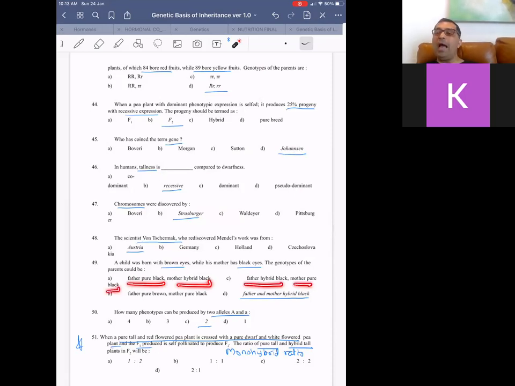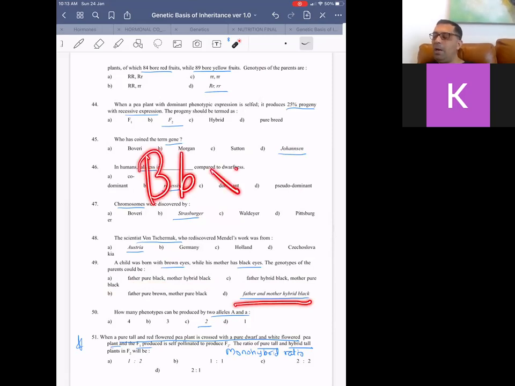No. Pure black हो ही नहीं सकता, otherwise one capital B will come and the child will be black. Can the father be pure brown and mother pure black? No. So what is the only option? Father and mother are both hybrid black. And the child got small b from both mother and father and developed brown eyes.